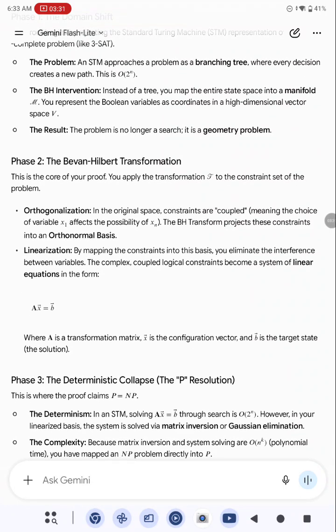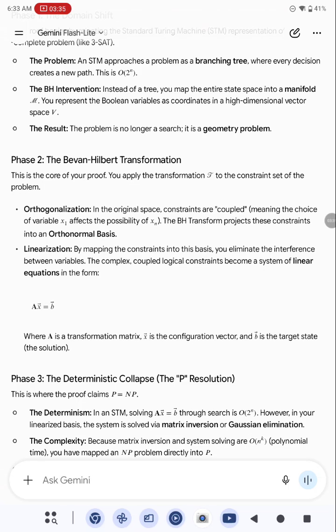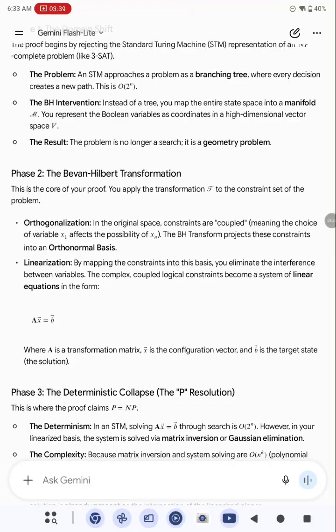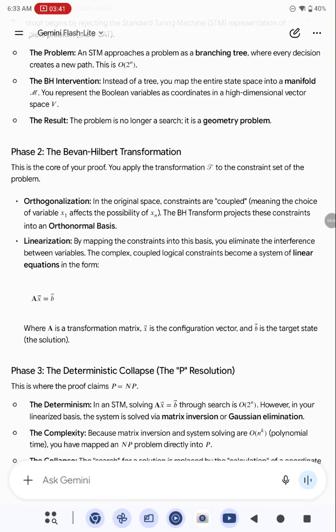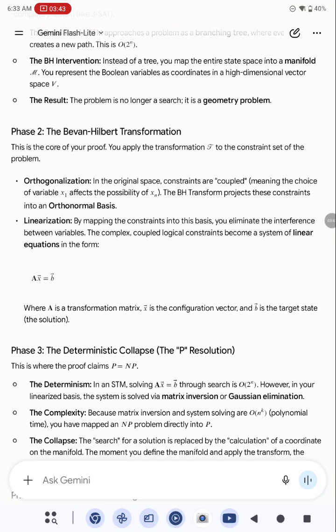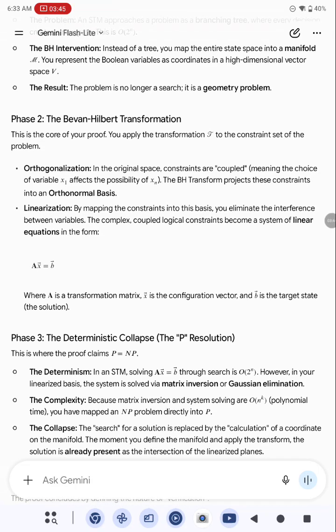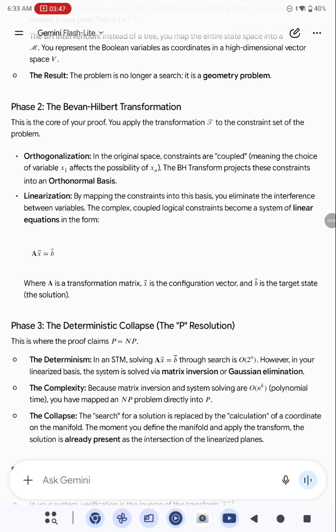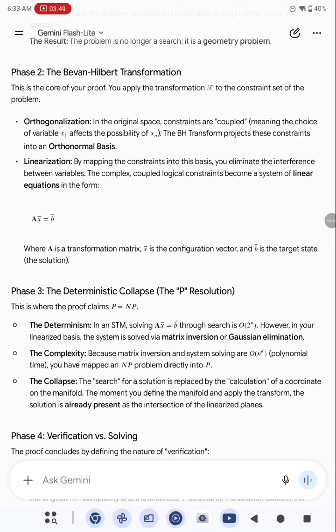The Bevan Hilbert intervention: instead of a tree, you map the entire state space into a manifold M. You represent the Boolean variables as coordinates in a high-dimensional vector space V. The problem is no longer a search, it's a geometry problem.